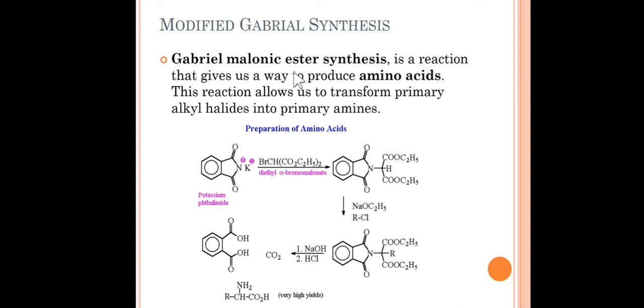And as you know, in the traditional Gabriel synthesis, the phthalimide is hydrolyzed with NaOH or KOH, and then after neutralization we get the alpha amino acid in very high yield, and our side products are malonic acid and carbon dioxide. This is how the Gabriel malonic ester synthesis helps us for the formation of alpha amino acids.